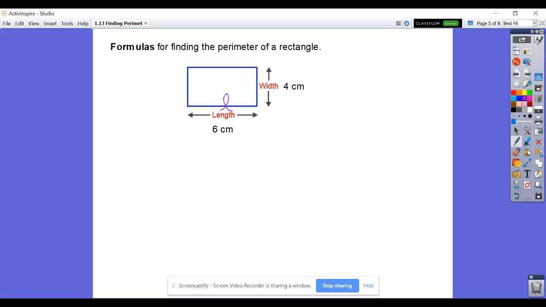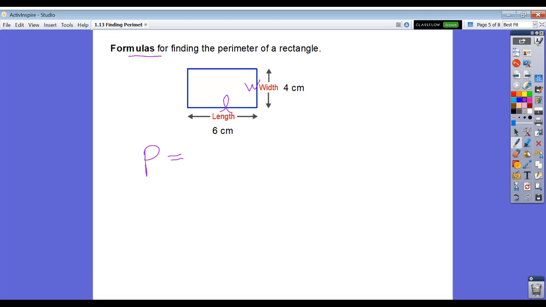On the second slide, right below. So we're looking now at the next slide that says formulas for finding, and then W for width. And actually, it's a lowercase w. So if we did it Lauren's way, Lauren's formula is that perimeter, we'll use a capital P for perimeter.